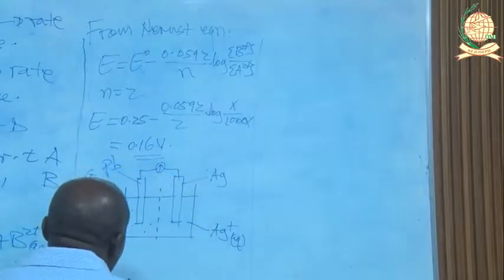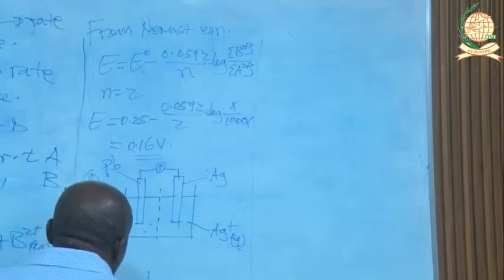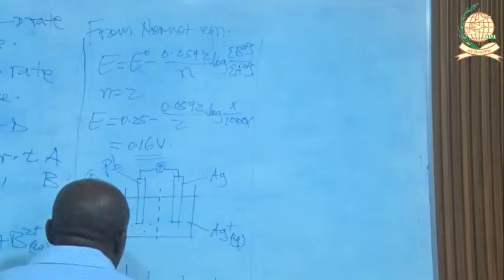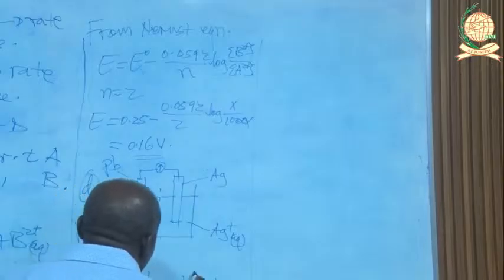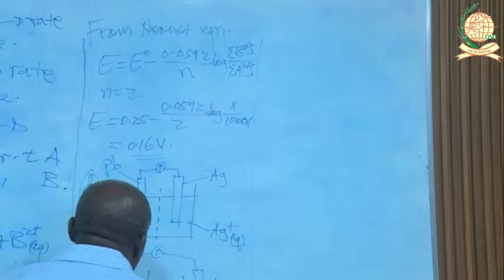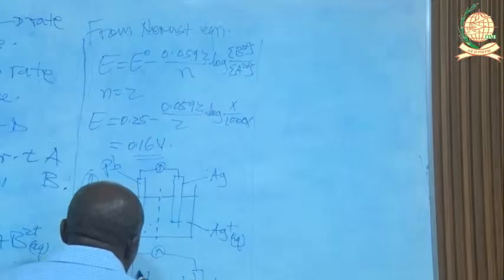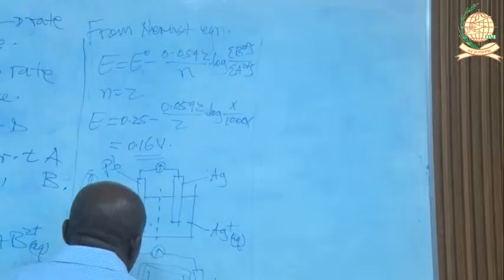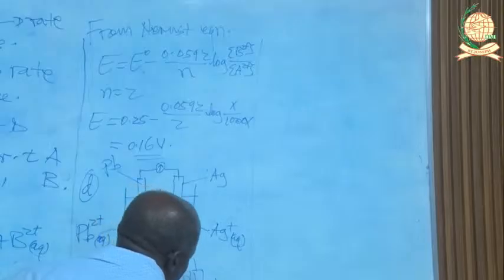But if this cell was constructed in such a way that the salt bridge was used, here we have a salt bridge. Now, these are two electrolytes.